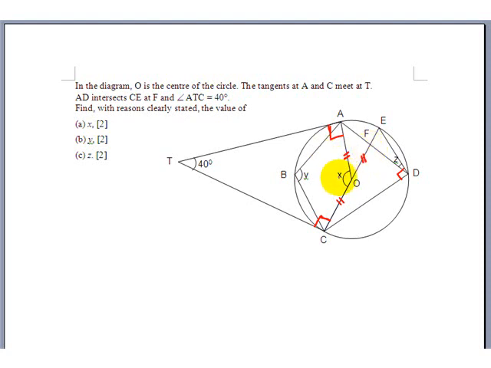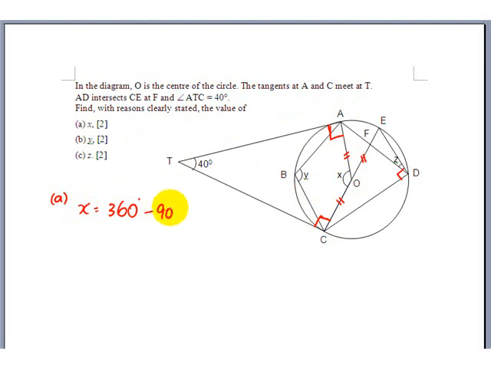Now the first part of the question asks us to find angle x. So to find angle x, if you observe this shape over here, ATCO, it is made up of two 90 degrees, two right angle triangles. So the sum of angles in these two right angle triangles will be a total of 360.